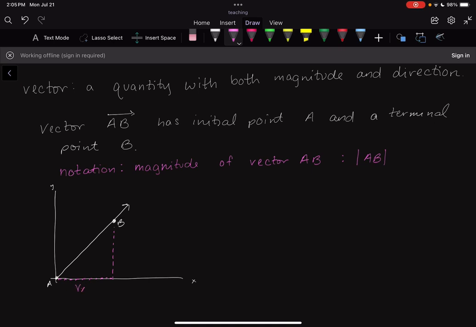So we call this Vx and we call this Vy. These are horizontal and vertical components. Vy is the vertical component. Vx is your horizontal component.